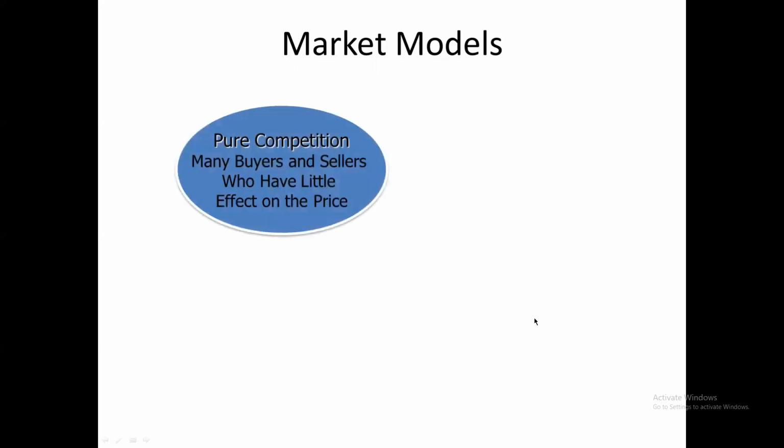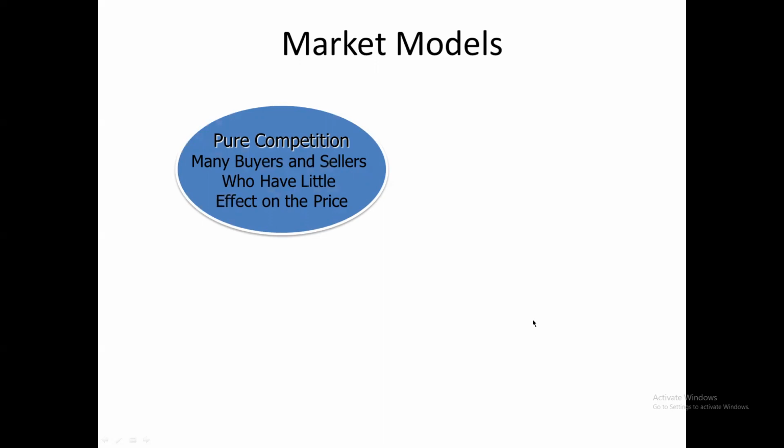Then, what are the market models? At first, we have to know about the market models, and based on the models, we will define our pricing strategies. Number one, pure competition. In this market model, many buyers and sellers exist, but they have little effect on the price.